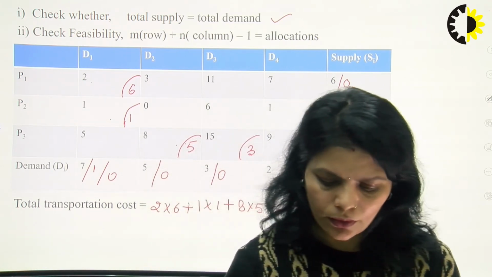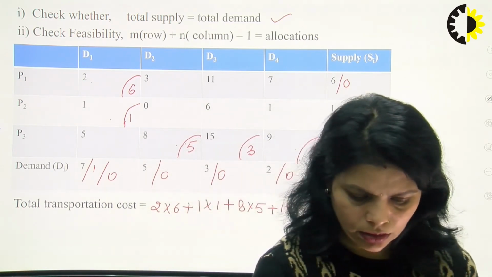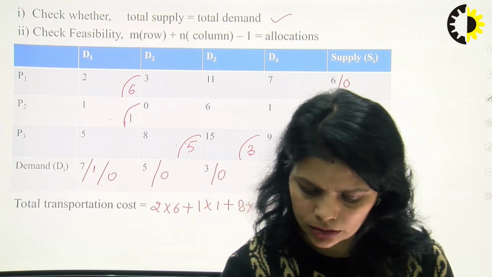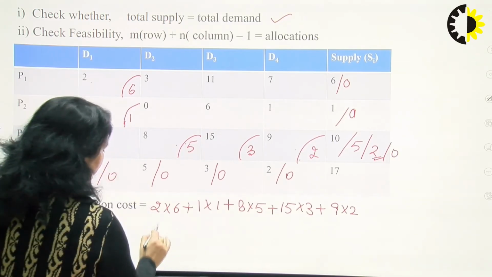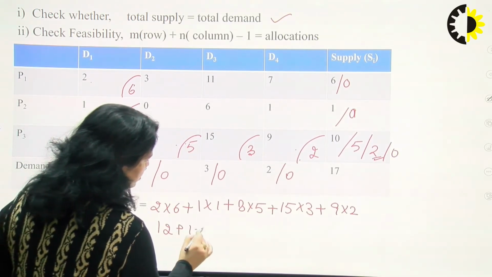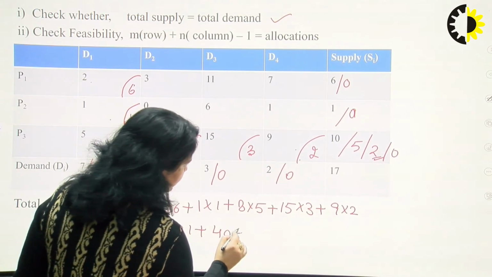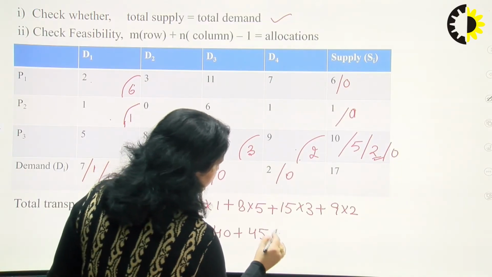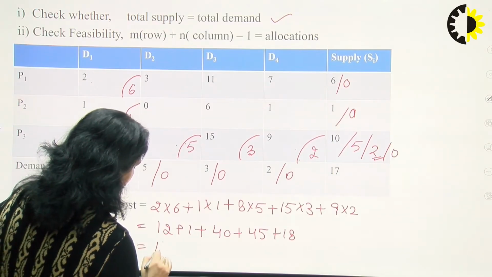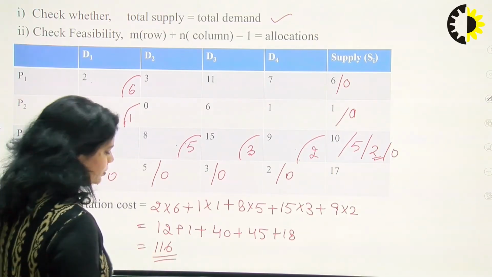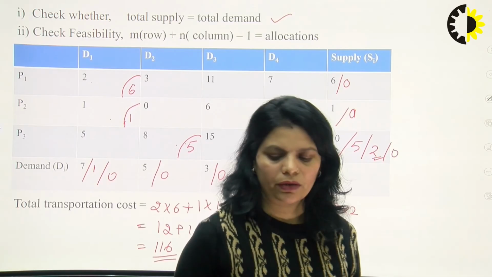So it comes out to be 12 plus 1 plus 40 plus 45 plus 18, which is rupees 116.